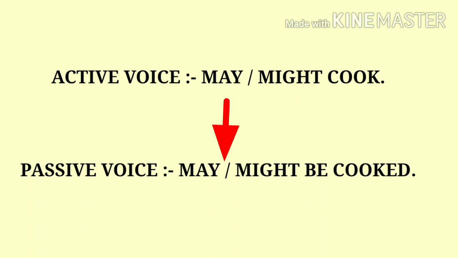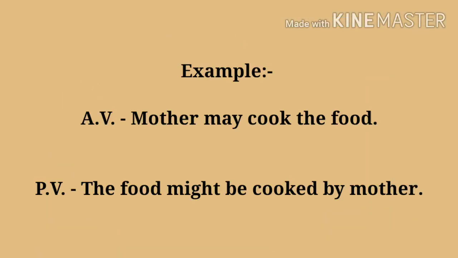For example, in active voice, may or might cook will change into may or might be cooked in passive voice. So let's understand through a sentence. The sentence in active voice is, Mother may cook the food.